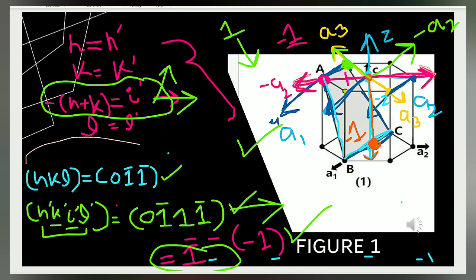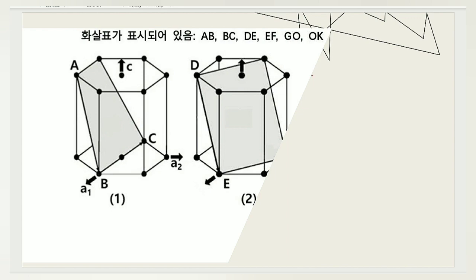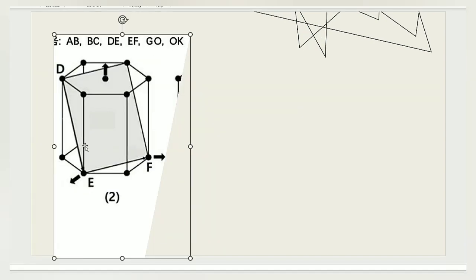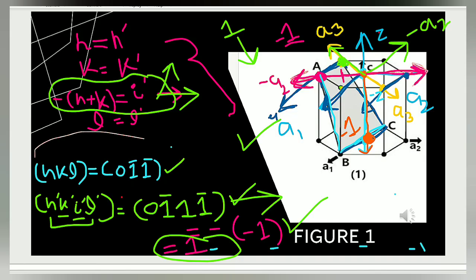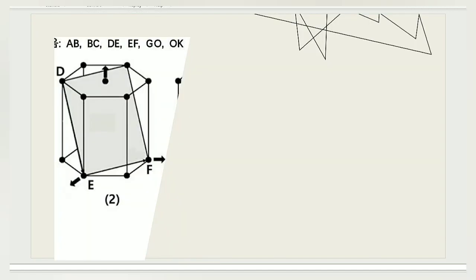Now let's move to the other problem, and this is the plane 2 in figure 2. Let's see whether the plane is passing through the origin or not, because you now know the steps. We first have to define the coordinate system, and after defining the coordinate system we have to find out the intercepts, and after finding out the intercepts we'll take the inverse of each intercept.